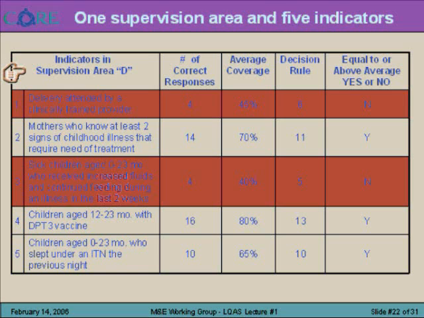For each of these interventions, we may have at least one indicator. So what this table is presenting is the performance of supervision area D reflected by 5 particular indicators.